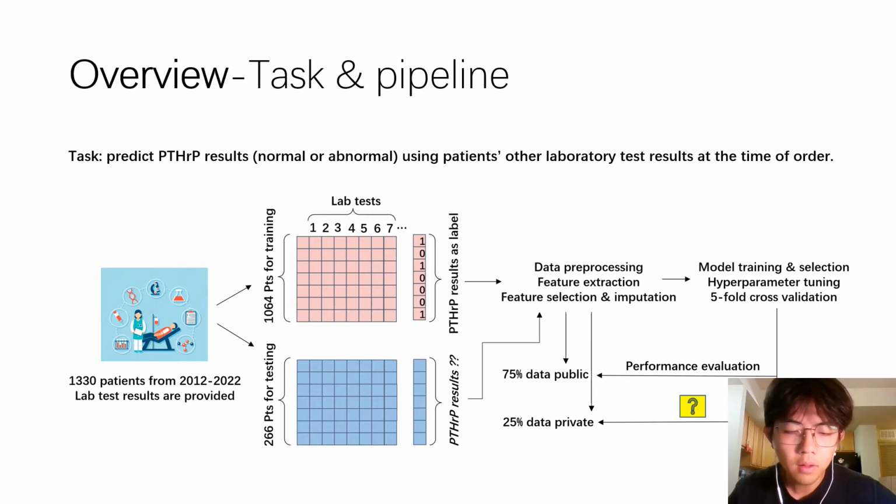For the pipeline, we first did several steps to understand data and construct the input feature space, which are data preprocessing, feature extraction, feature selection, and imputation. Then we did some empirical studies to select the best model and set of hyperparameters. Our experiments are evaluated through five-fold cross-validation, which helps to prevent overfitting.